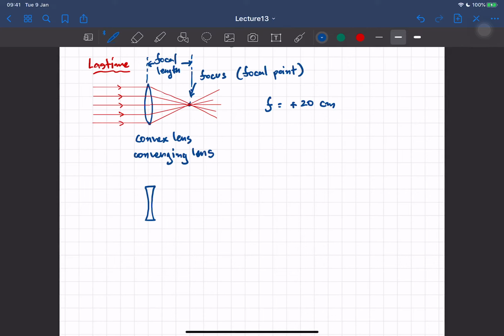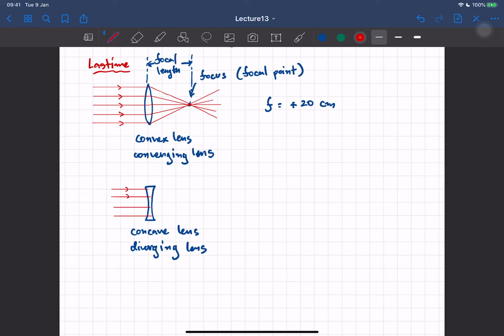All right, so this is called concave lens or diverging lens. And again, we're gonna characterize the behavior by talking about what it's gonna do to all the light rays coming in parallel. Like this.